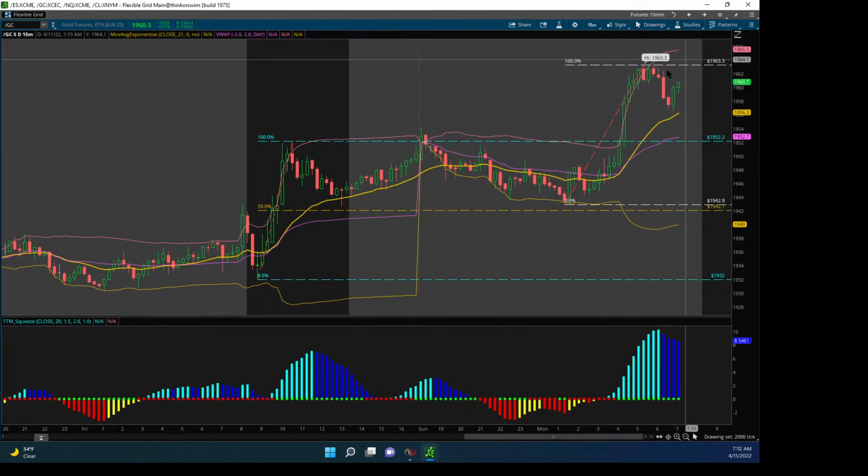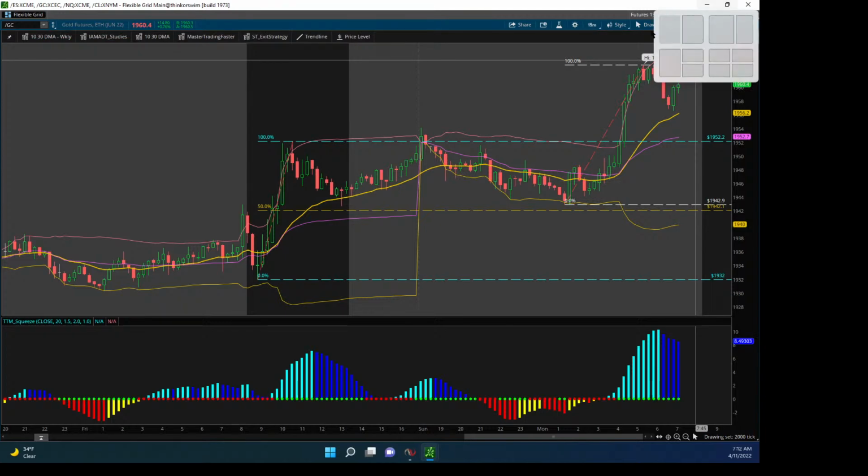So there's some resistance now at 1963.30. The 30 minutes looks good. It's doing a bull flag right here, positive momentum, and we'll see if this one can push it higher. Most likely it will, but never know.